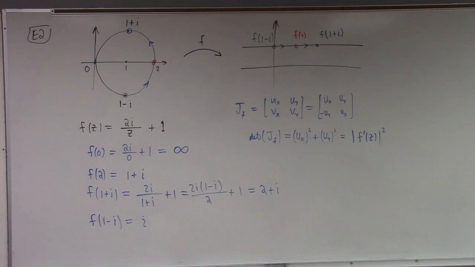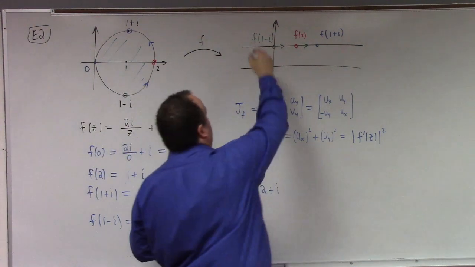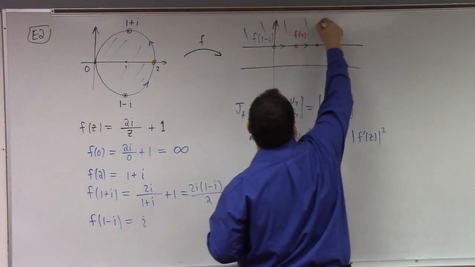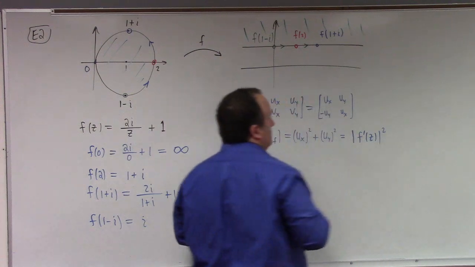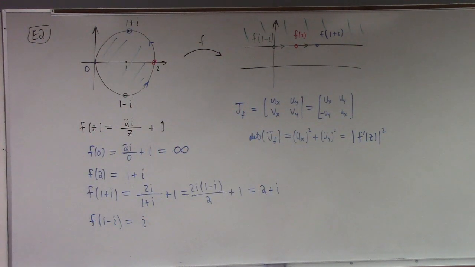So what I'm pointing out here is that the interior of this disk maps up to here. So now we have an interesting map. This is a pretty interesting map, right? We're mapping a disk to a half plane in a kind of non-trivial way. I think this is an interesting example, isn't it?